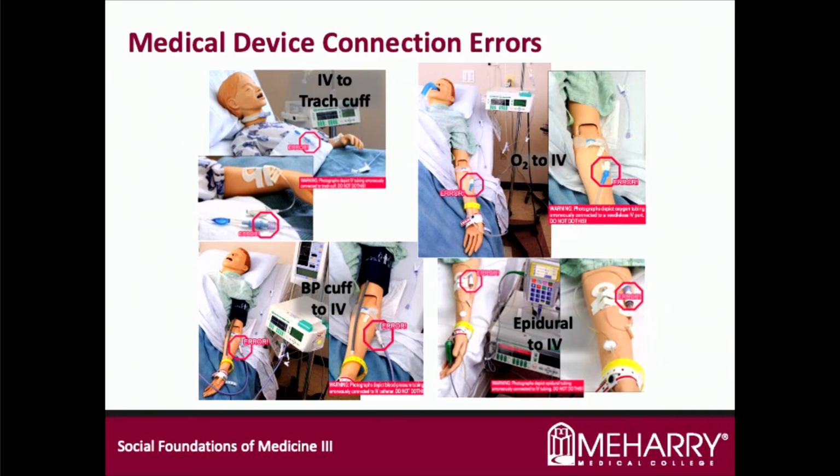Oxygen tubing was connected to an IV, and the patient ended up receiving an air embolus and died. Blood pressure cuff tubing was connected to an IV, and the same thing happened, an air embolus, and the patient died.